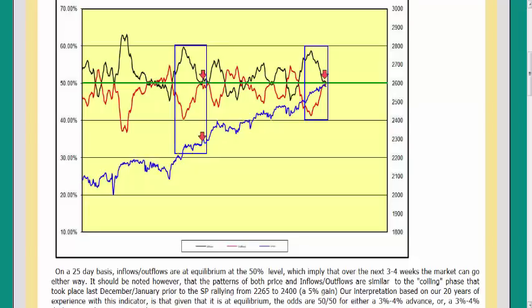But because I'm the one who has designed this indicator, there are a few points I would like to make. It's been my experience that usually you have 3 incidents of similar behavior between price and the behavior of this indicator before you get a major top, unless there is an exogenous event that changes things.